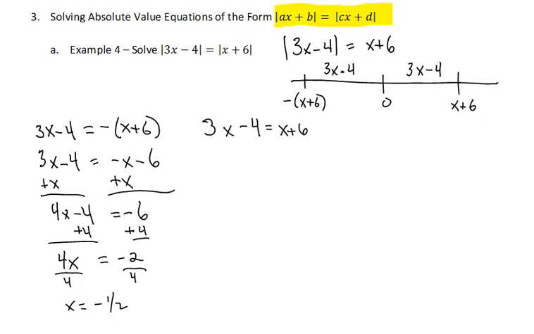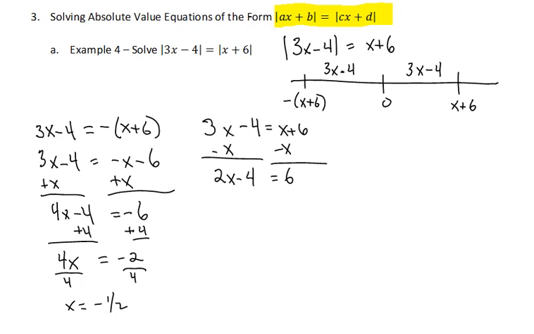Let's solve the other equation, which is 3x minus 4 is equal to x plus 6. Again, in that one, the first step, since we have x on both sides, my strategy is pick on the little guy, which is to get rid of the smallest x value on either side, and that happens to be x. I'm going to subtract x from both sides now.